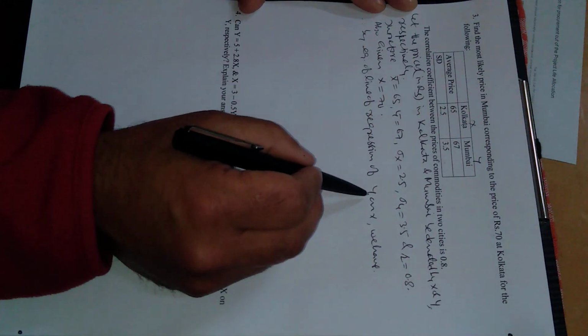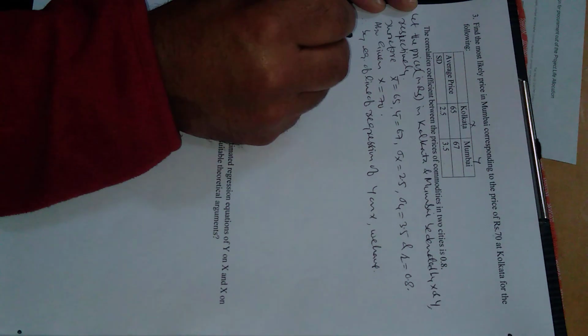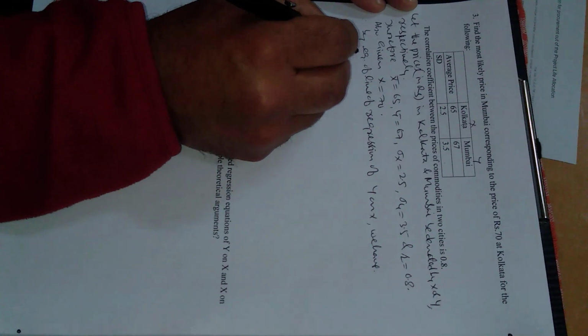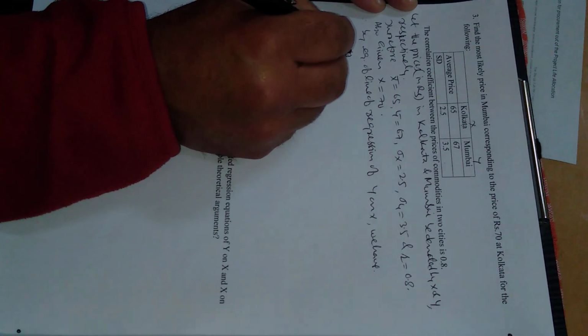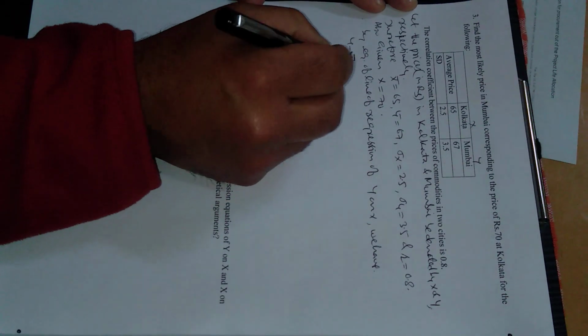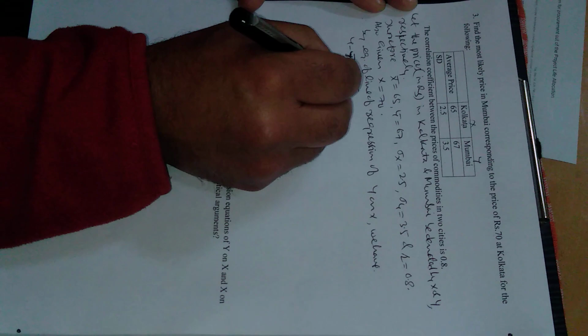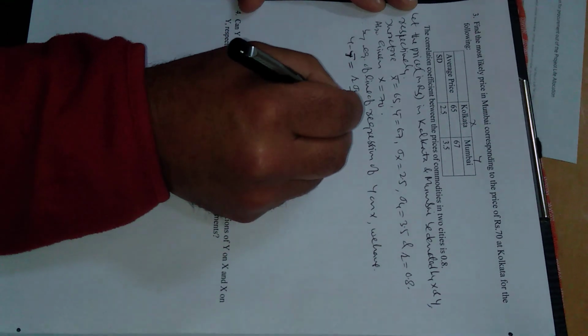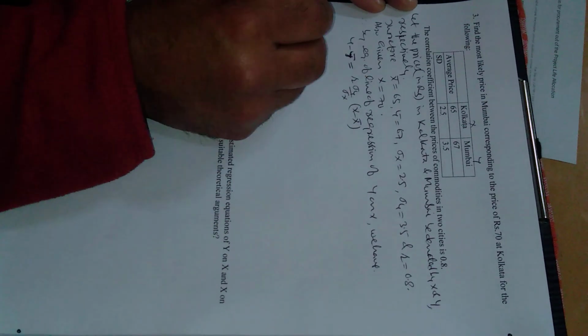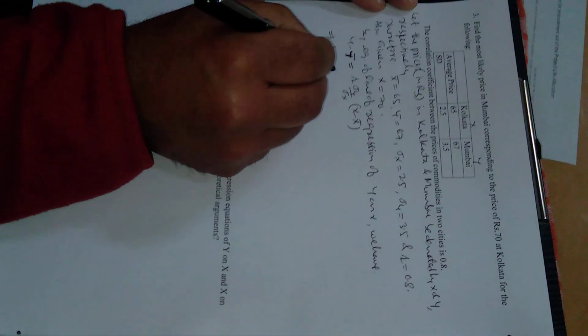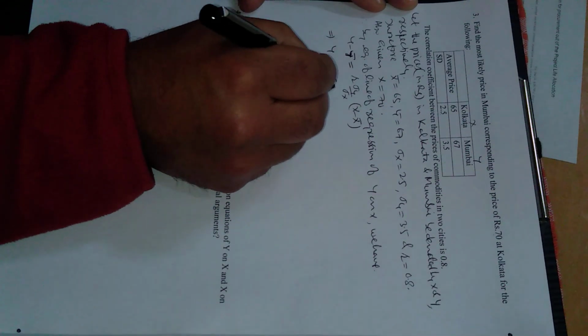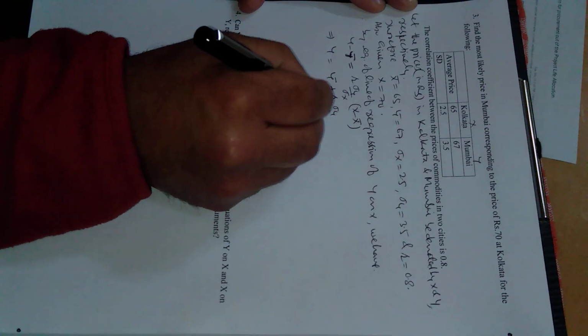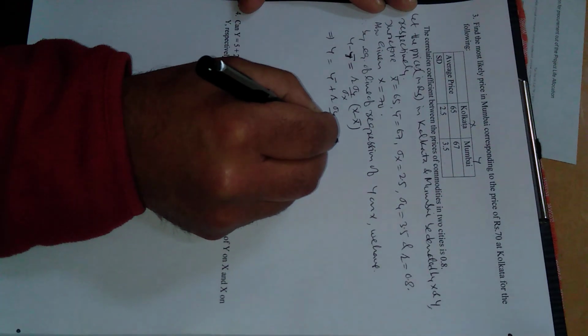So y minus y bar equals r sigma y upon sigma x times x minus x bar. So from here, y will be y bar plus r sigma y upon sigma x, x minus x bar.